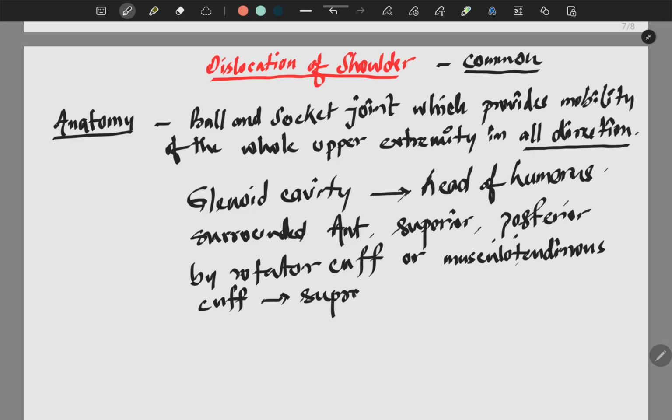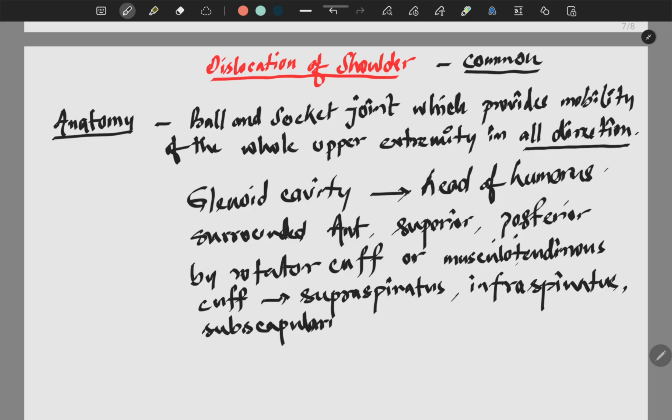Supraspinatus, infraspinatus, subscapularis, and teres minor. These four muscles surround the shoulder joint.